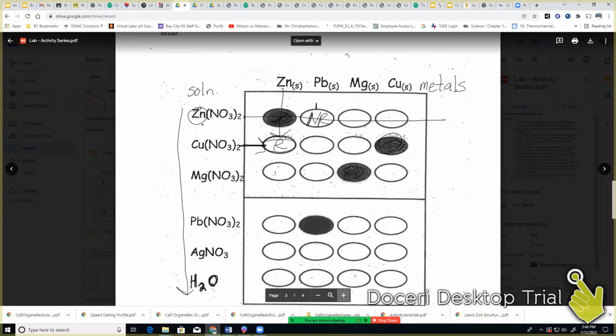And then after that, you can work on your practice for a little bit. That's for the lab tomorrow. You're just doing the predictions today.